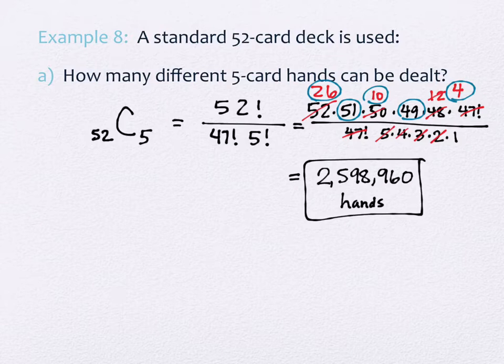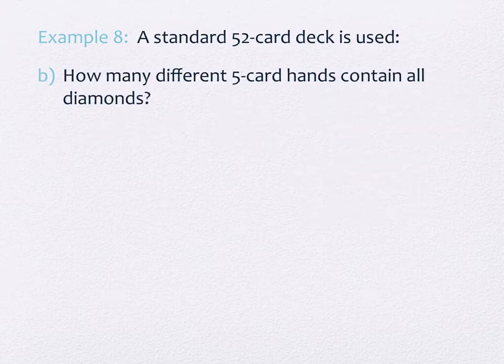Okay, so what we're going to do in the last two problems on this example, the two parts of this example, are examining if I narrow down what I want my hand to end up being, how many of those hands are there? So the first deviation of this one wants us to have a hand that's all diamonds, okay, just diamonds. So I'm still selecting 5 cards, but I'm selecting only diamonds.